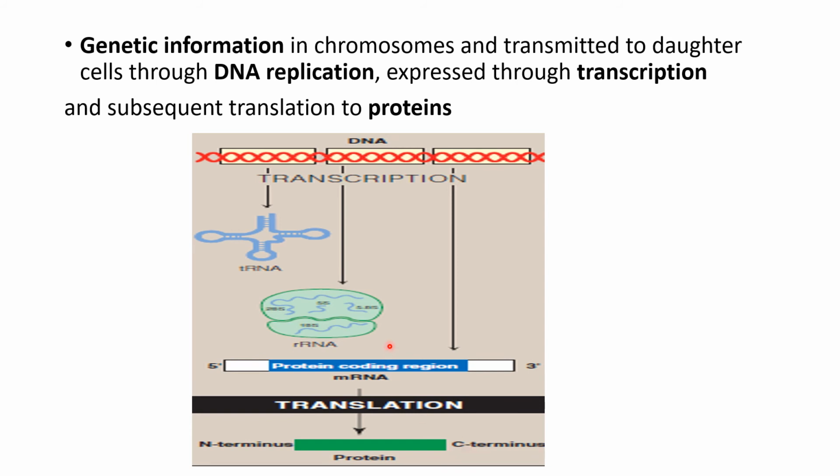Various components also help in this translational process, involving the tRNA and ribosomal RNA. The central dogma also involves the replication process from DNA to DNA during cell division. So this is the flow of information from DNA to RNA and then into the polypeptide chain.